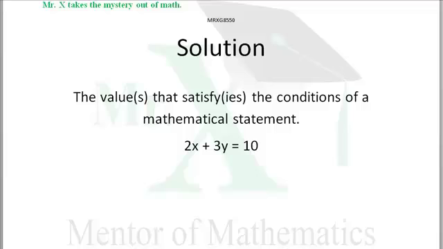This little equation doesn't really have a solution per se, except a line. There are an infinite number of combinations that will satisfy this 2x plus 3y equals 10. Hopefully you can see that (5, 0) would work, as well as (2, 2).